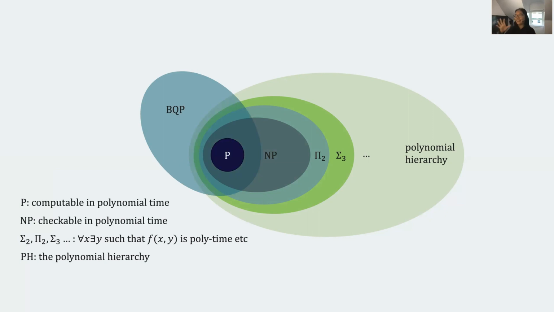We think that this circle lies here, and it should contain some problems that a classical computer can solve, but it doesn't contain everything. One property of working on complexity theory problems is that we don't actually know for sure that any of the containments here are strict, and we also don't know how to prove anything.